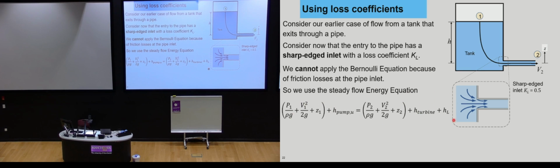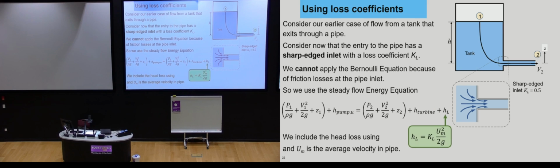And here are the losses, and this is where we will include the head loss coefficient. So the head loss, or the energy loss due to a change of geometry like this sharp edge inlet, gets included just here. This is how we include it on an individual basis.